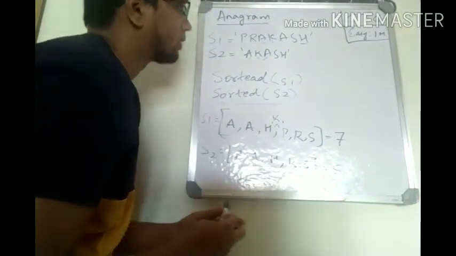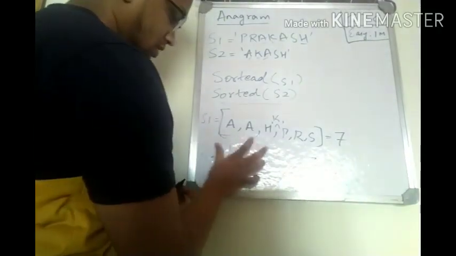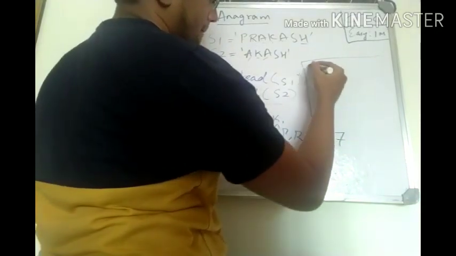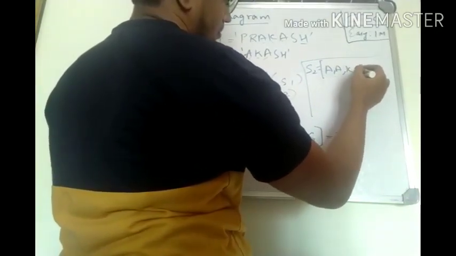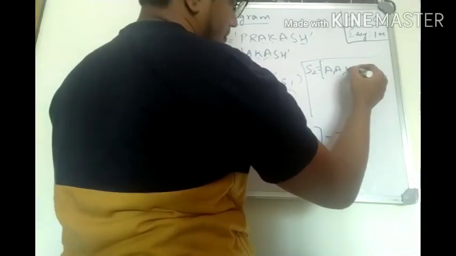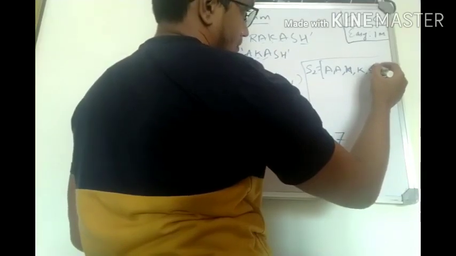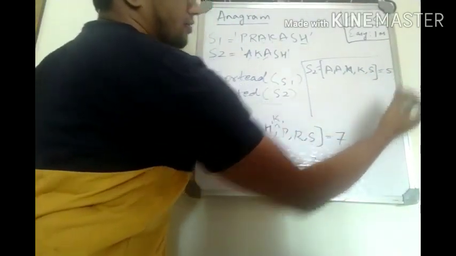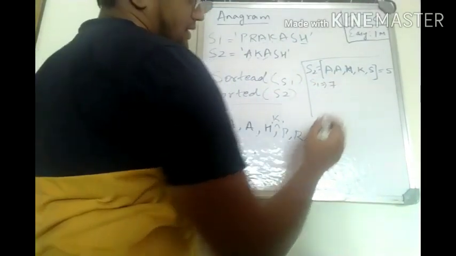Okay, let me write it on top. I don't think you can see. Right? This length is 5 and S1 length is 7.